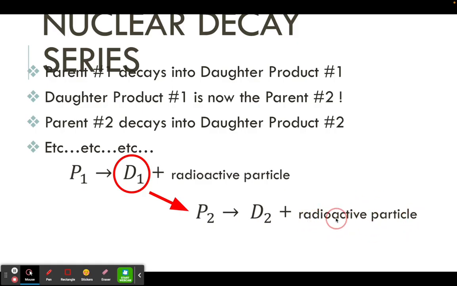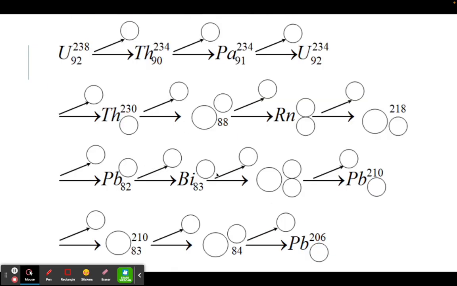Each time you get a decay, you get some sort of radioactive particle emitted. Then daughter 2 becomes the third parent, and this isotope will decay into another daughter isotope, and so on. And so you get this long series of steps.